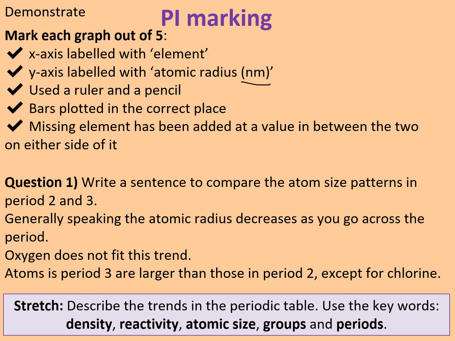It's just about comparing and identifying some of the trends that you can see in the data. Okay, so look carefully when you're answering this sort of question. It doesn't ask you to explain anything or analyze. It just gives you the keyword compare. Okay, so you're just looking at what's the same and what's different between these two sets of data.